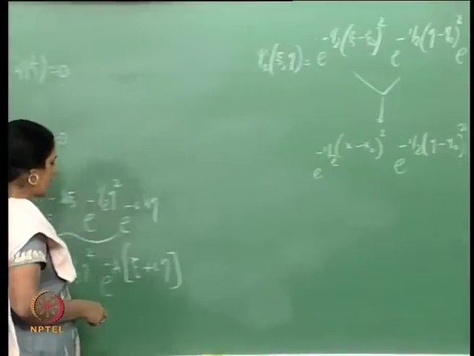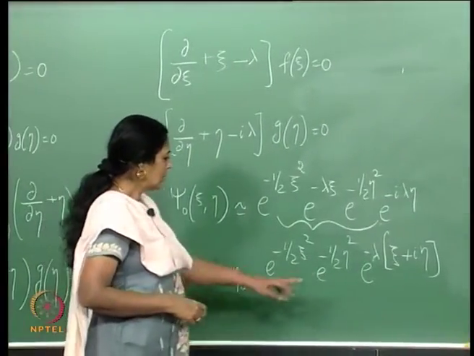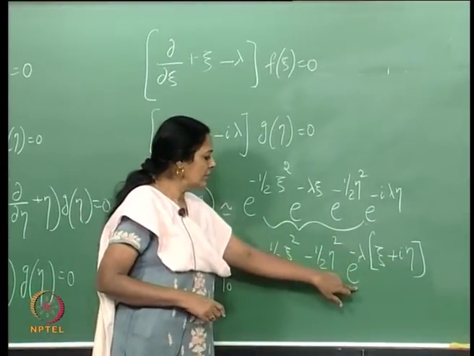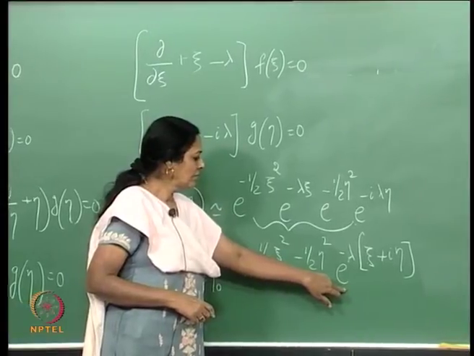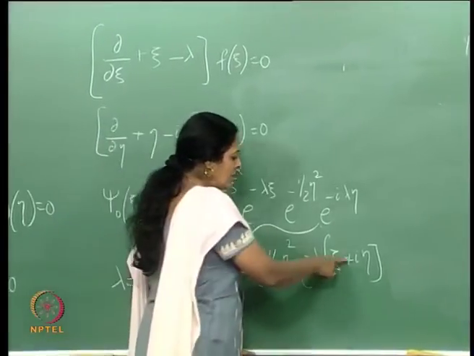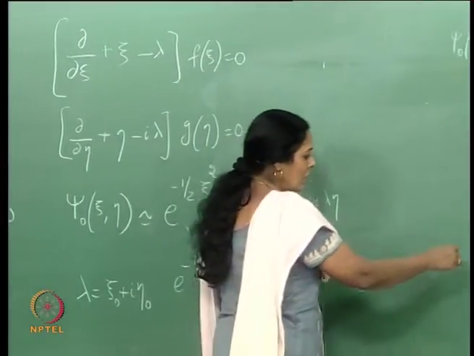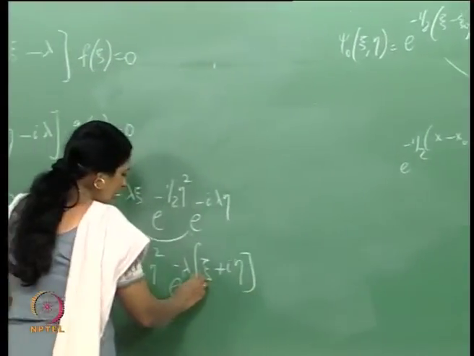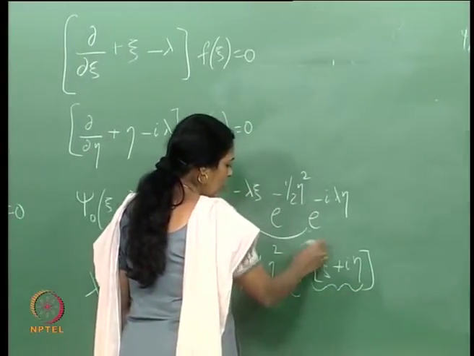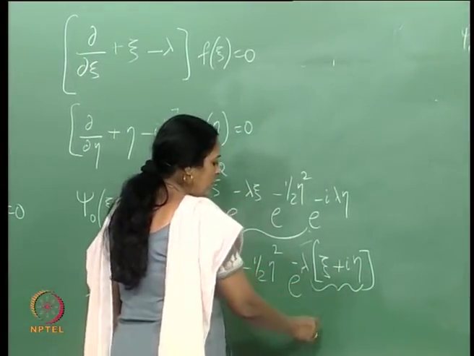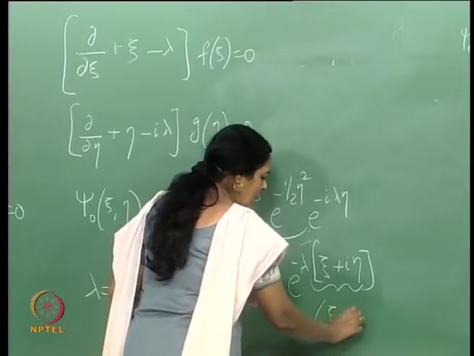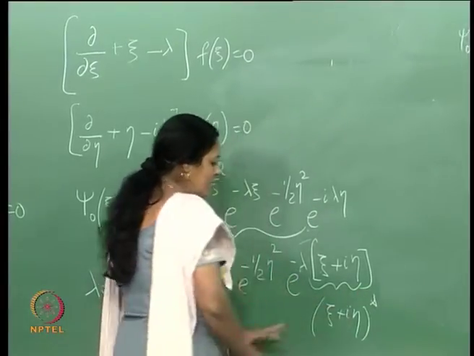An interesting observation is the following, that if you look at this term here, this is an exponential series, and so I can expand it in powers of zeta plus I eta to the power of s.